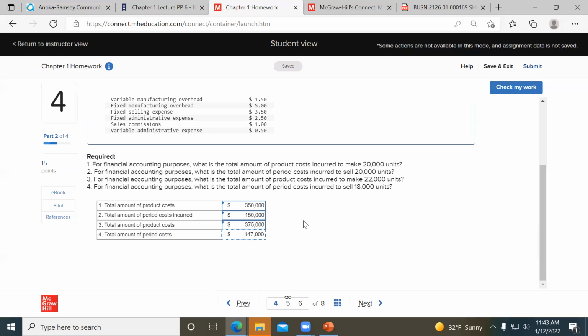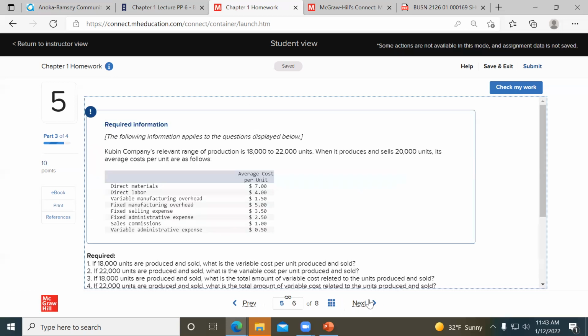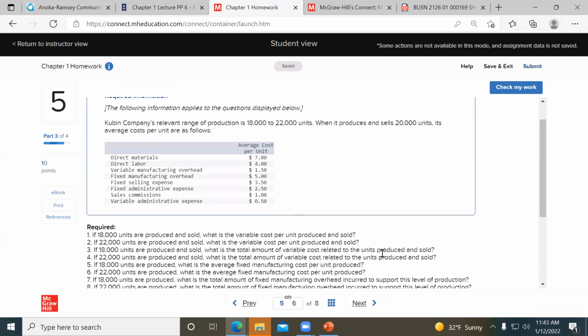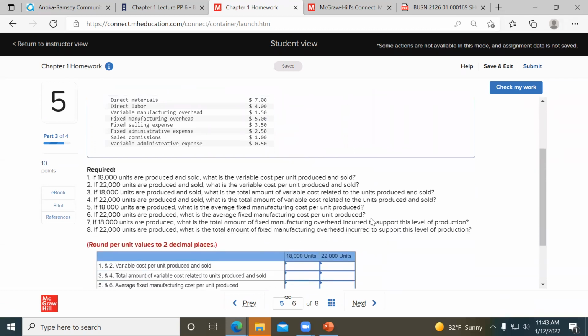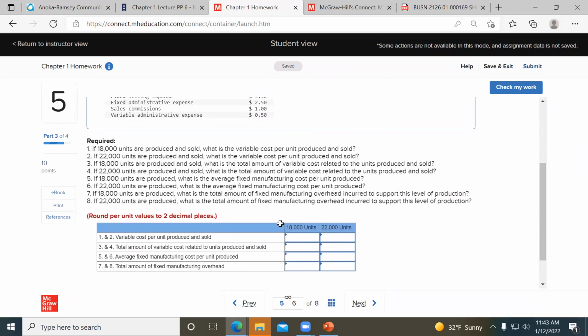Then for number 5, if 18,000 units are produced and sold, what is the variable cost per unit produced and sold? Direct materials are how much? 7.